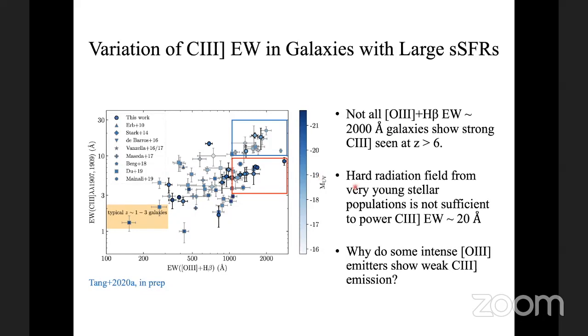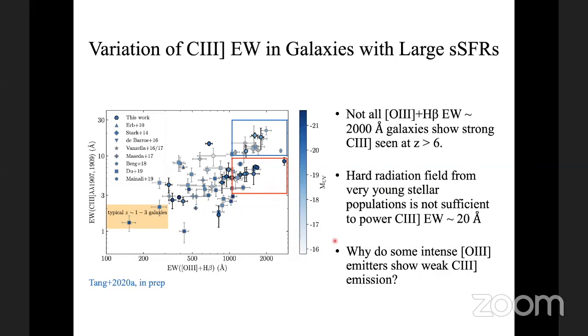This means that the hard radiation field associated with the young stellar population is not sufficient to power the strong carbon-3 emission. So why do some of these strong O3 line emitters show relatively weak carbon-3 emission?